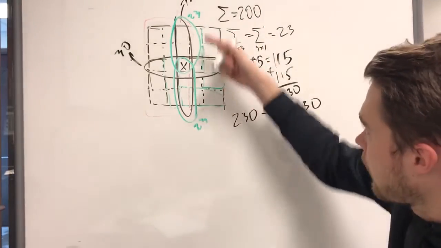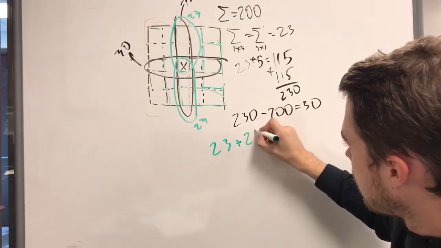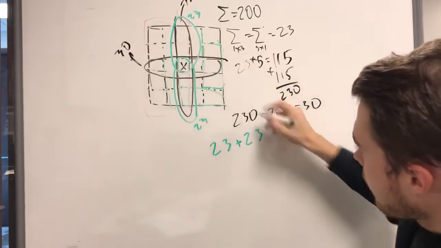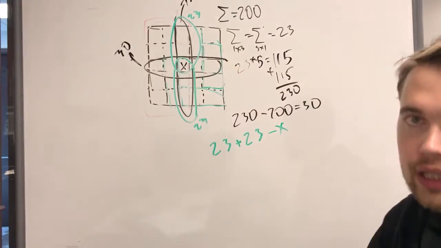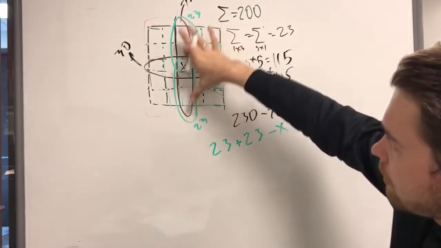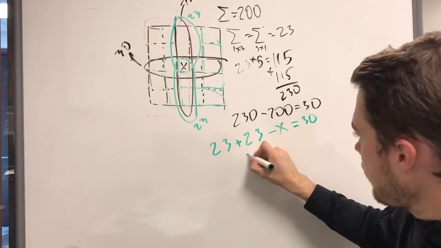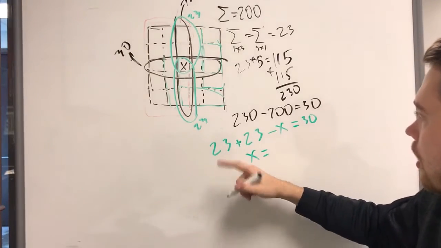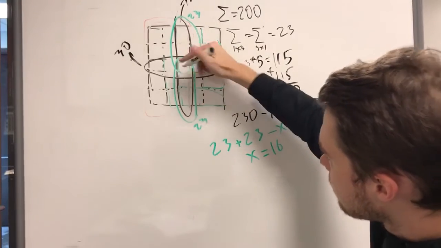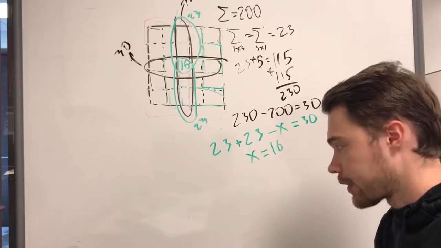So in other words, 23 plus 23, then minus x, because we included it twice, will be equal to the sum of this column, which is 30. So at the end, x will be 46 minus 30, which is 16. So the number here is definitely going to be 16.